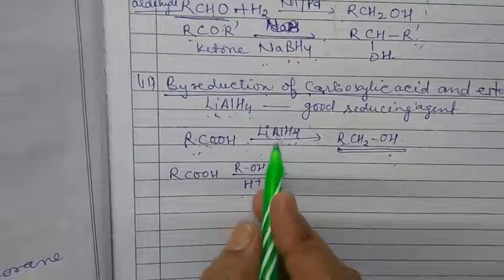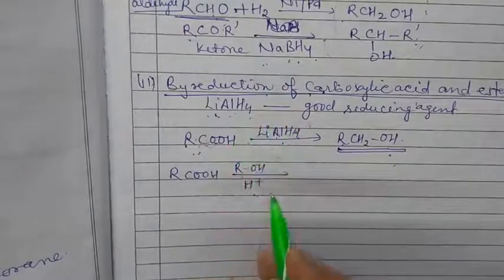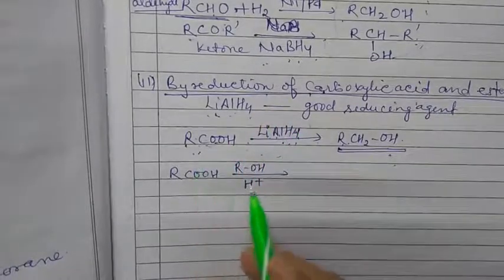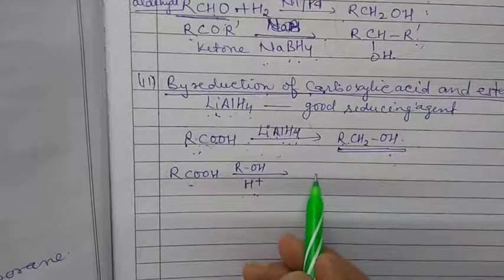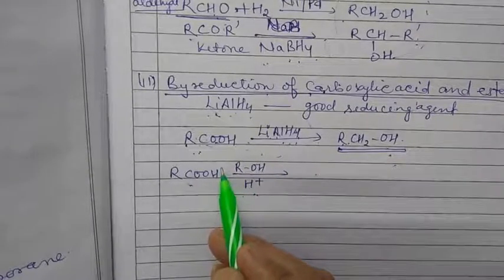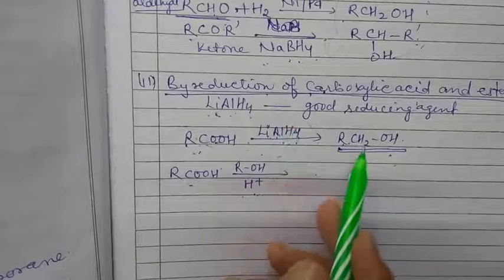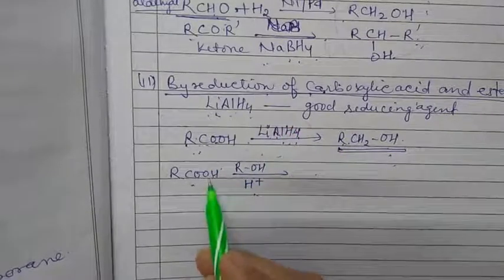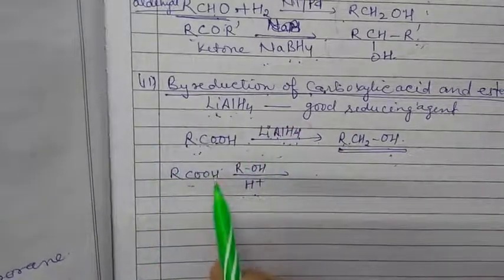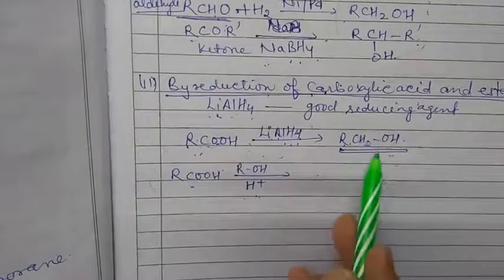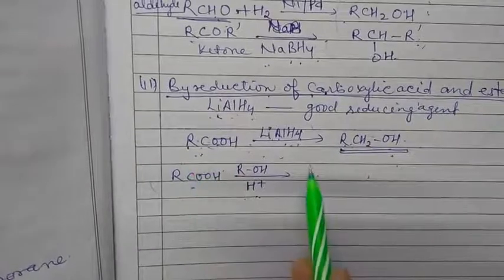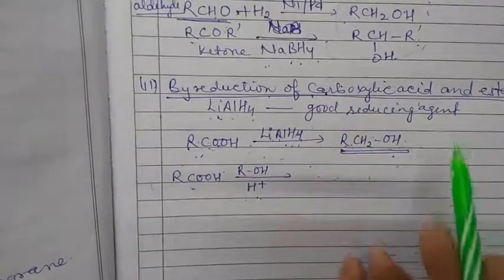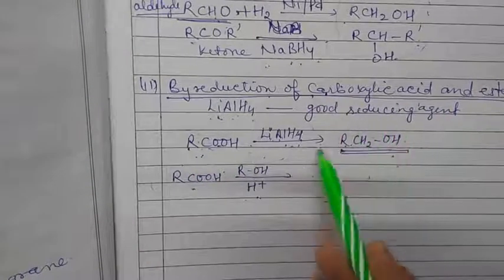Because lithium aluminum hydride is very expensive. Acids are not directly converted into alcohol. First of all, we get ester, and then ester is converted to the alcohol.